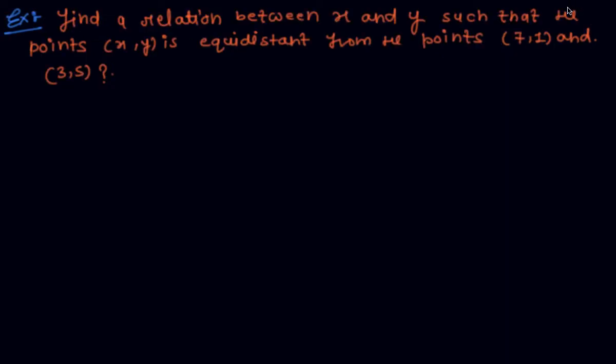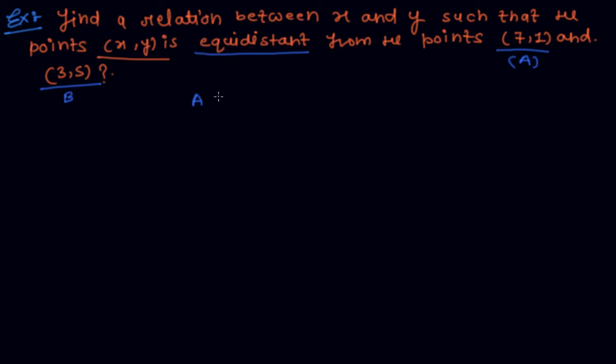Now I take an example. Find the relation between x and y such that the point x, y is equidistant, meaning equal distance, from the point A, whose coordinates is 7, 1, and point B, whose coordinates is 3, 5. So these 3 points are given.